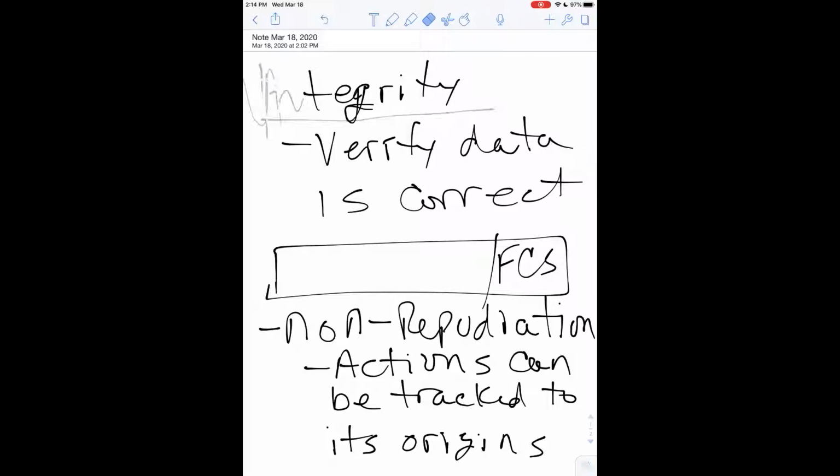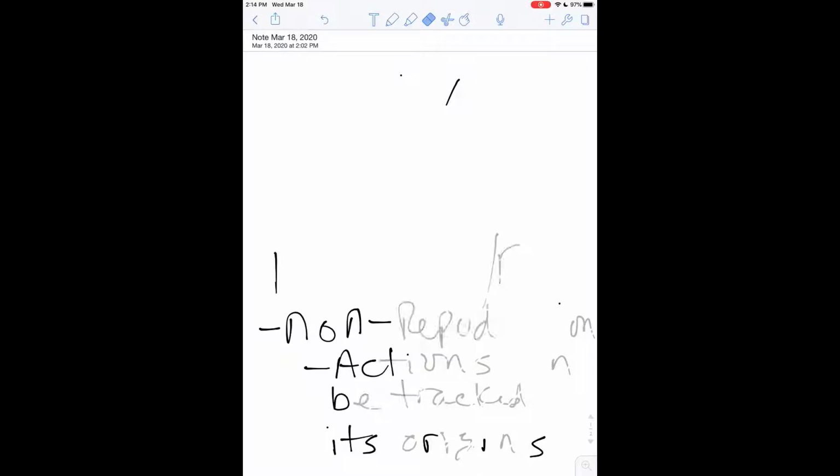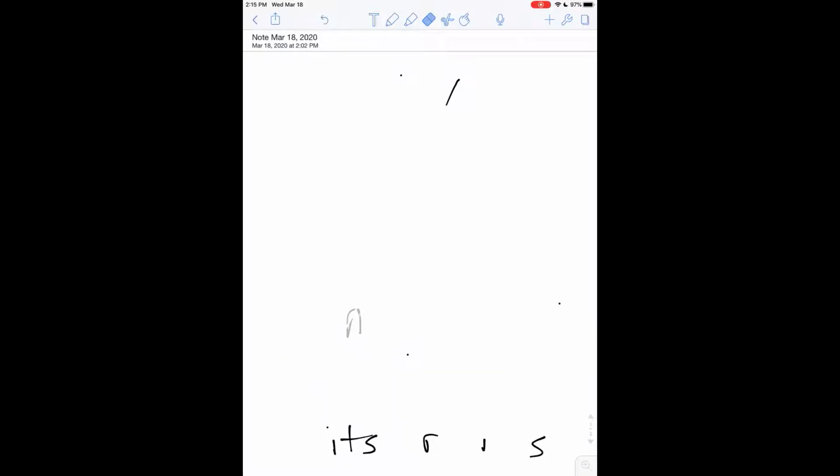And the last we have here is integrity, which is broken into authentication and authorization. I hope to get another technology in the next week to actually make this a little bit easier.